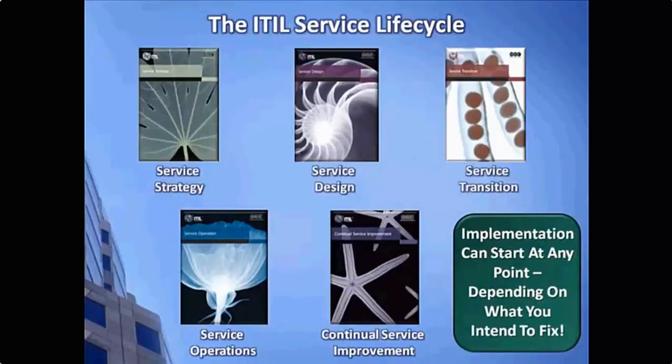The approach we want to use is that we are going to focus on solving one or more business problems, and then we are going to implement those pieces and parts of ITIL that will help us get there. The key point of this approach is highlighted in the yellow balloon on the right-hand side. Implementation can start at any point depending on what you intend to fix. And it is what you intend to fix that will drive the implementation effort.